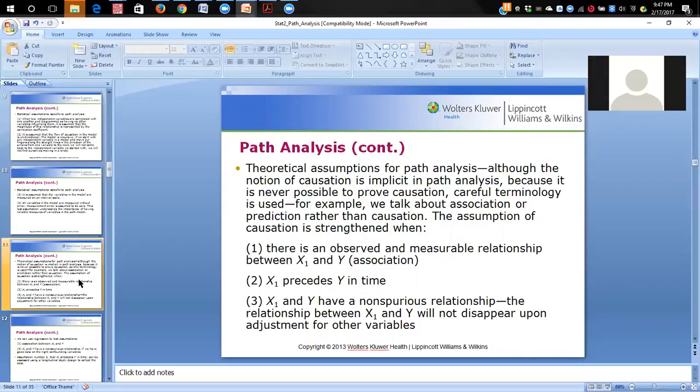The assumption of causation in path analysis is strengthened when, number one, the observed and measurable relationship between independent variables, such as represented by X, and a dependent variable is association. And it is strengthened when, number two, the independent variable precedes the dependent variable in time.